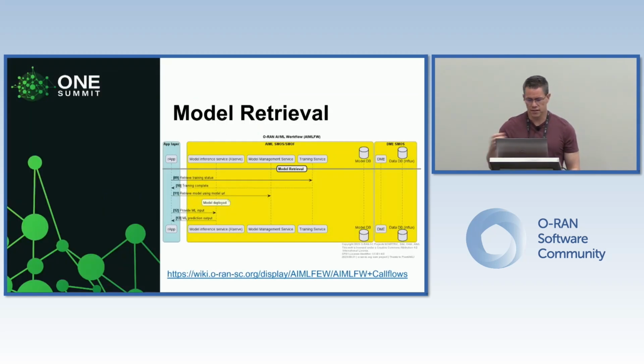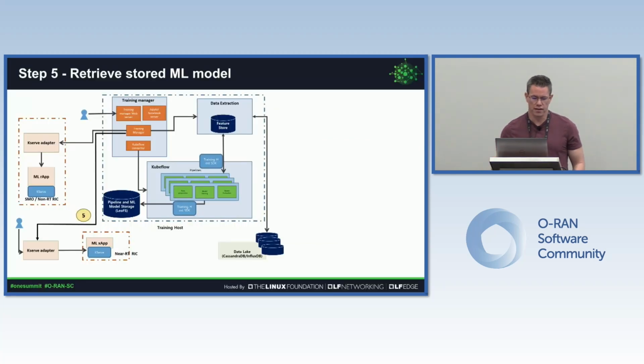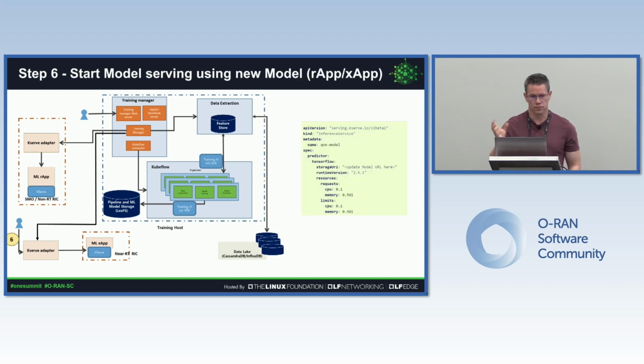And the last thing, and probably the most important, is the model retrieval. This particular process is where we start using the model that we have trained before. And again, in this case, the training manager is the major responsible for that. It is going to start a request to the KServe with the particular Kubernetes reference model.